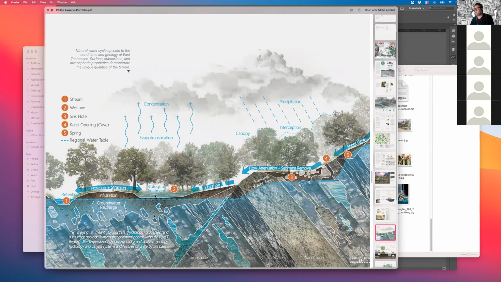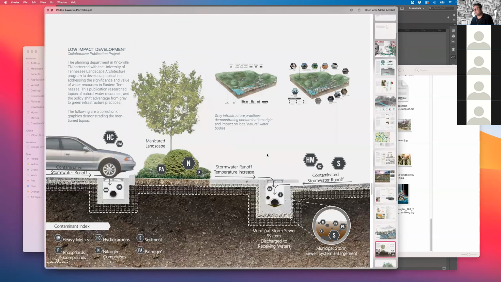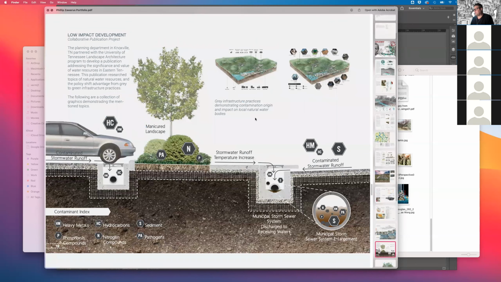And talking about, again, water cycle, water table, the hydrology of a site, how things flow, how they percolate down, where they can filtrate through the ground, where they can't. How that translates to, let's say, parking lot design, right? Where instead of paving it all, maybe you have pervious pavers and other sorts of ground materials that let the water go down and into the ground.